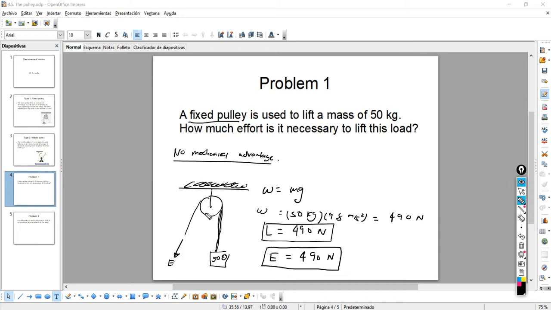This pulley will only help you redirect the force. In this case, the effort force is applied downwards, and the force applied to the load is directed upwards, which is what you want to do. You want to raise this object. So the effort should be 490 newtons. There you go. Very simple thing.